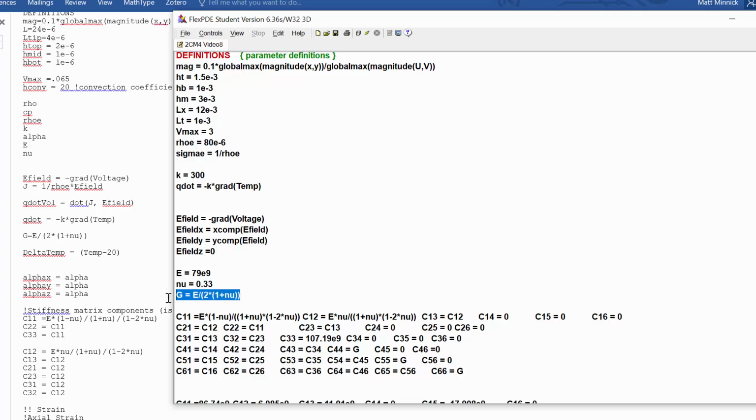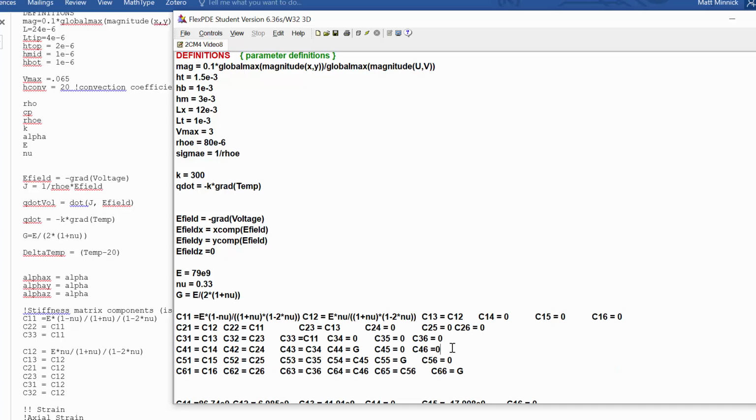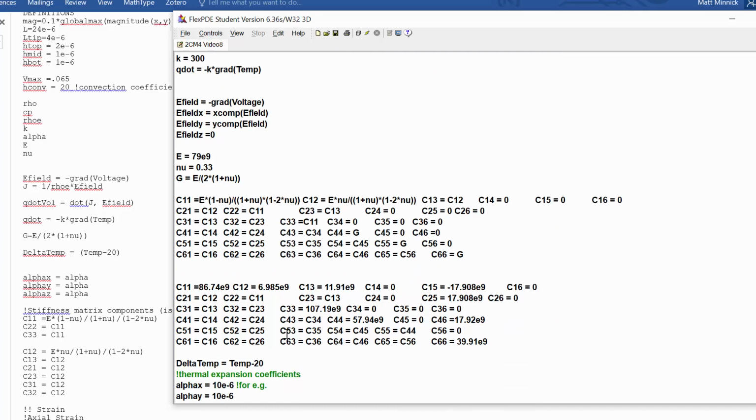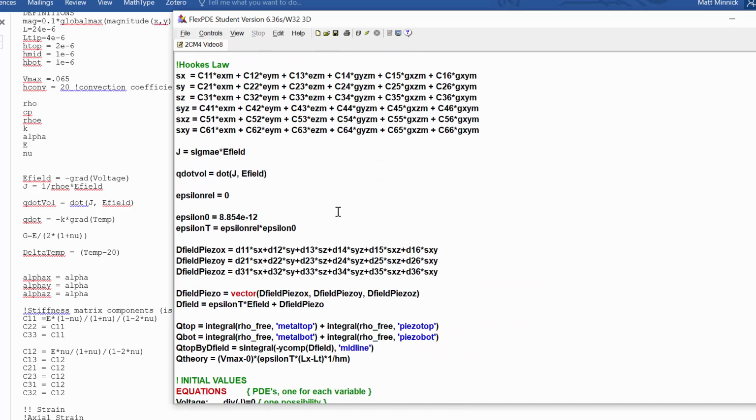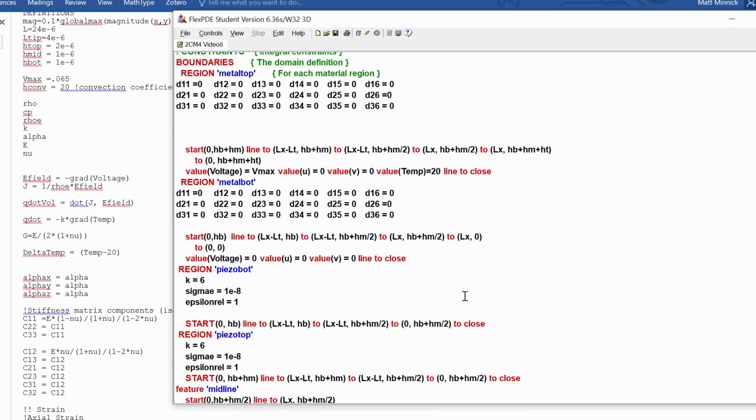Okay. So then C11 is going to be based on these other components here. We'll make this C11 as well. Unless I've made some mistake and forgotten something, everything should be filled out now as far as the stiffness matrix. So what we'll do then is take this stiffness matrix and apply it separately for the piezoelectric regions.